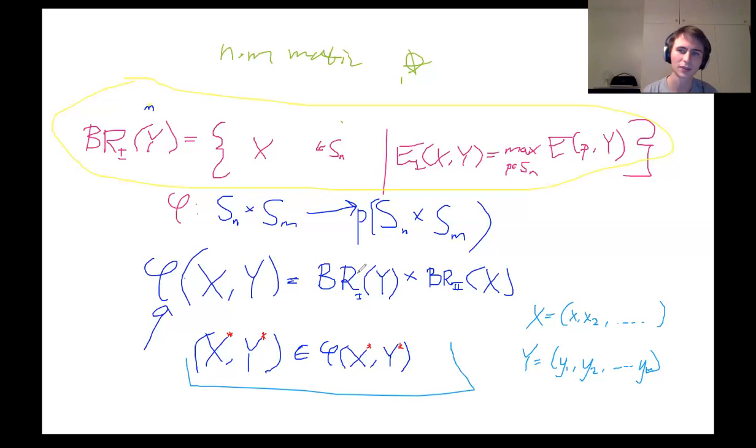Okay, so the output of phi is going to be the optimal strategies for player 1, given that player 2 plays the strategy y, and the second half of the output is going to be the optimal strategy for player 2, given that player 1 plays strategy x.